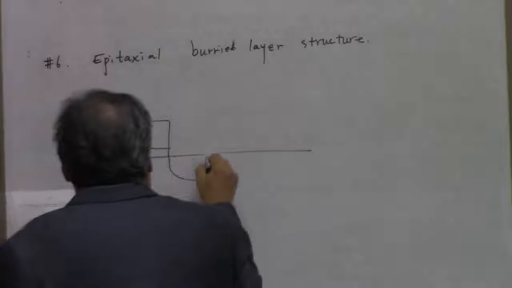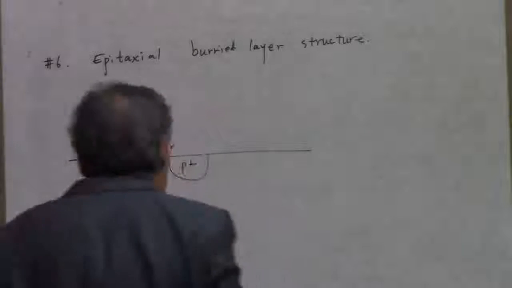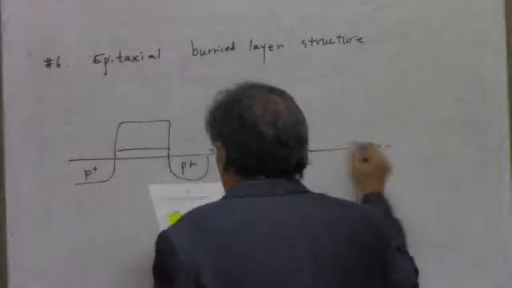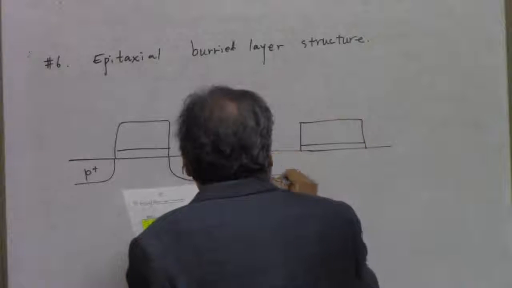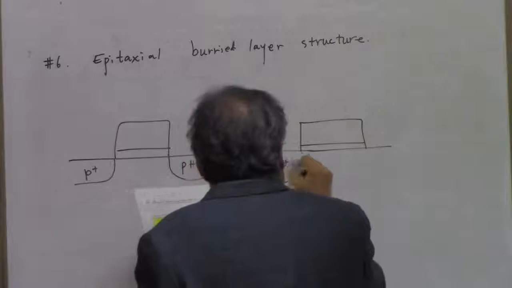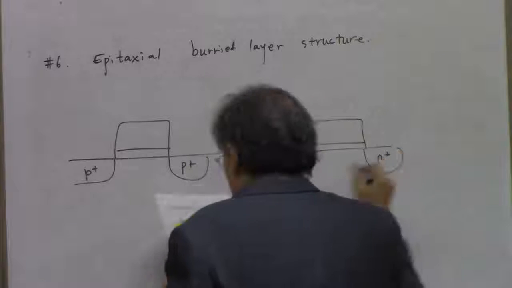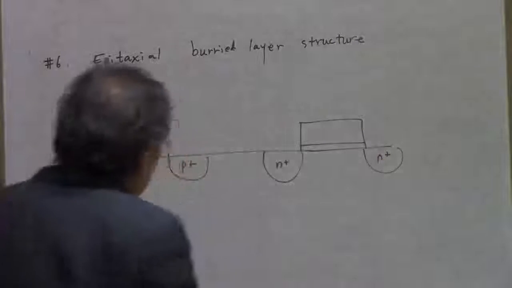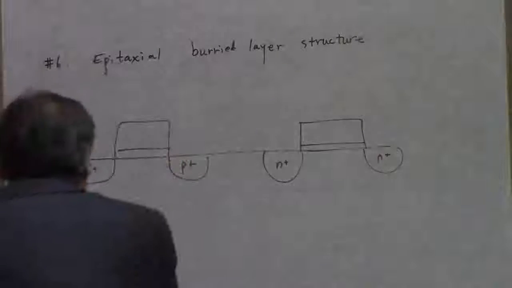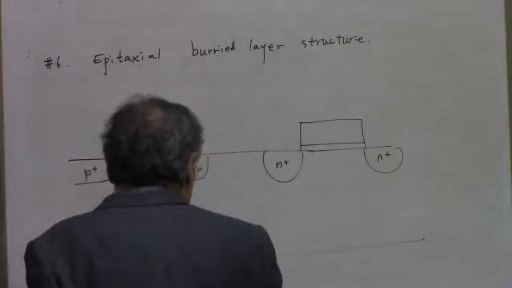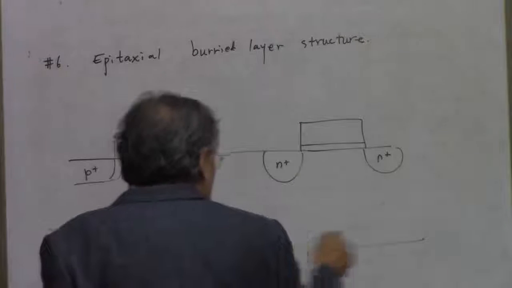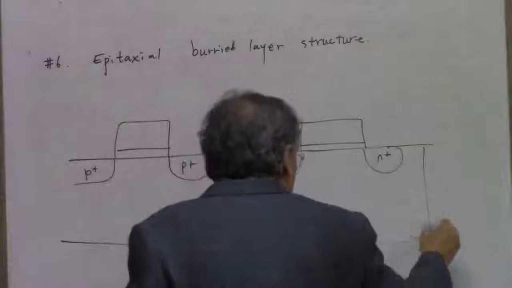And this is just like the bipolar transistors. When you set up the PMOS, a CMOS, basically you use the N substrate, and then you grow the epitaxial layer.